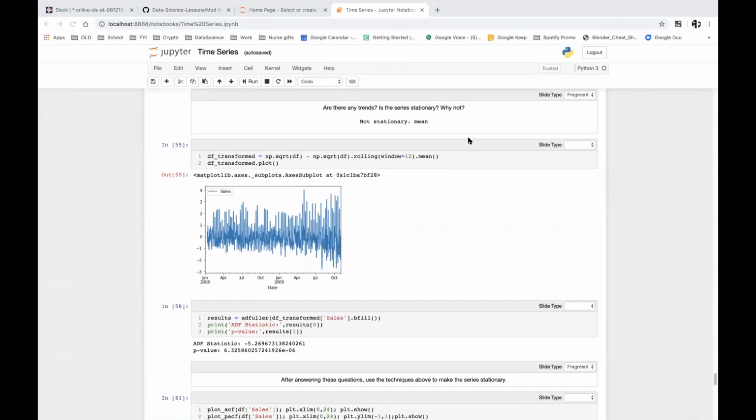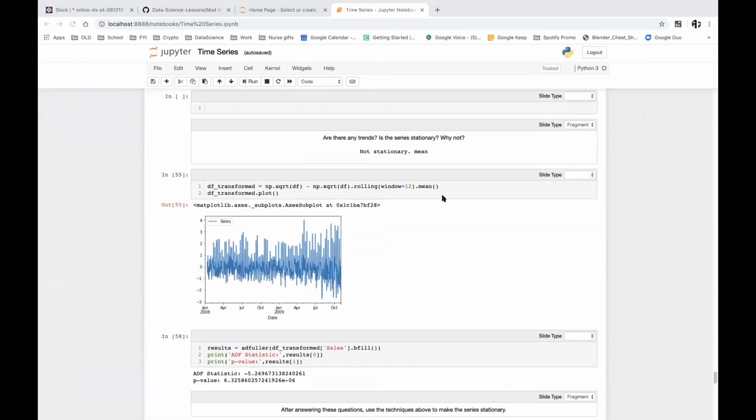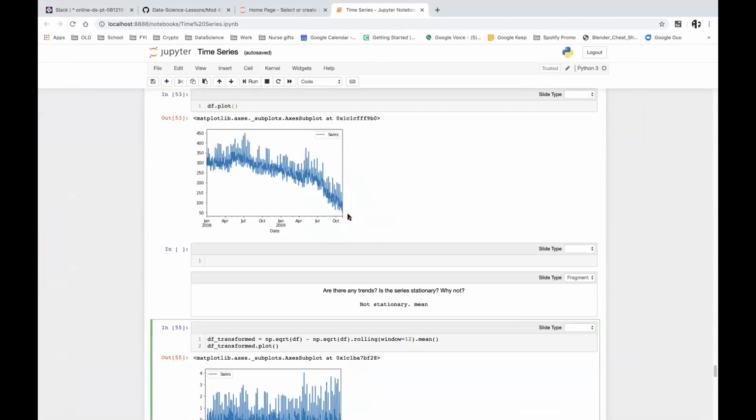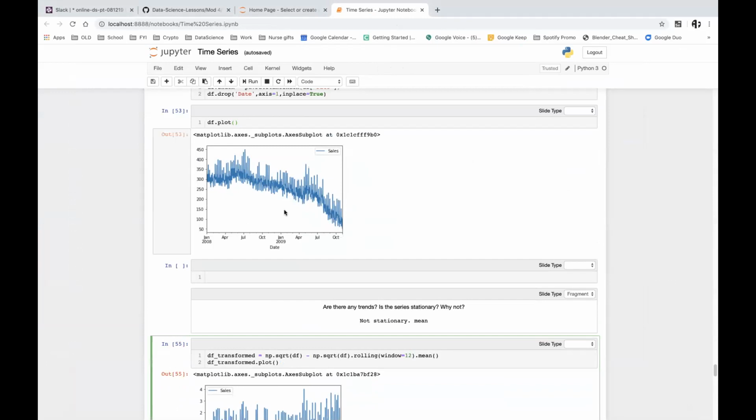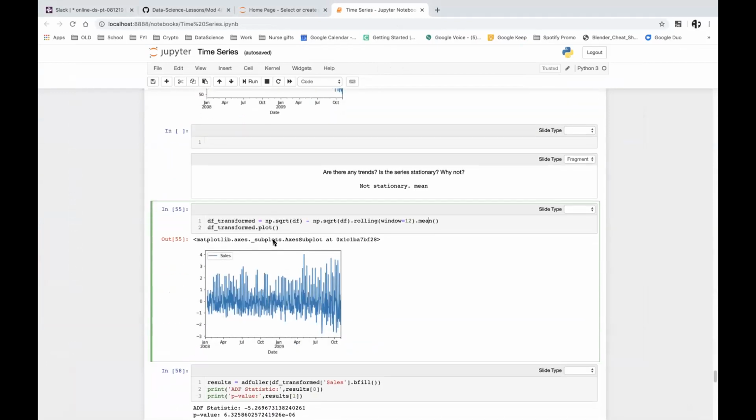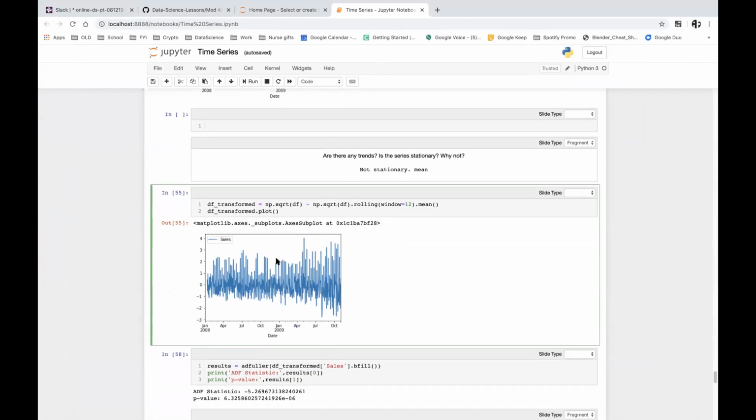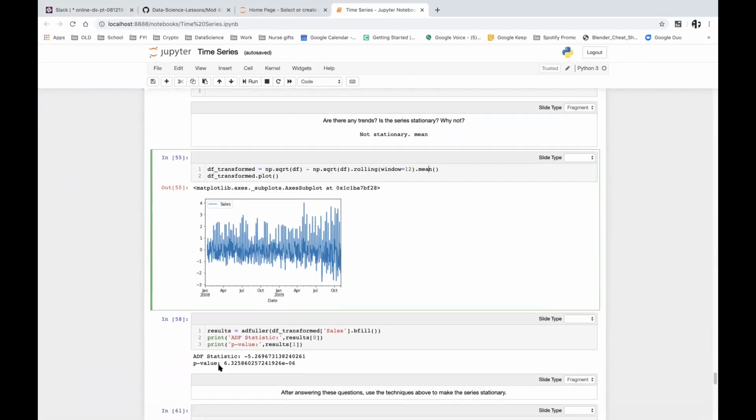So you did transformation first. Oh, and so this is already stationary. We just got lucky here because at first we just did the rolling, without the difference in the rolling mean, and it was still pretty much the same graph here. So we tried the square root difference with the rolling mean and saw that it was stationary.